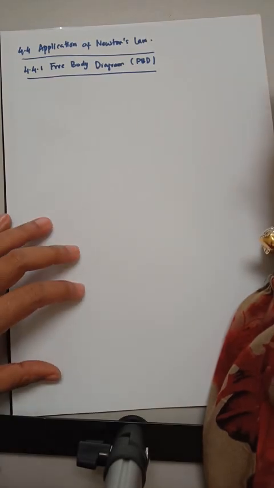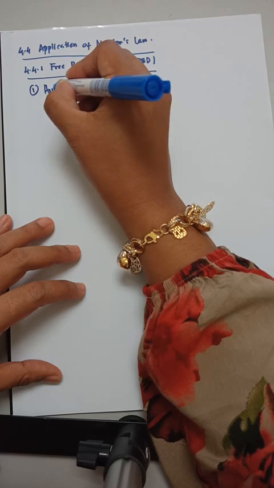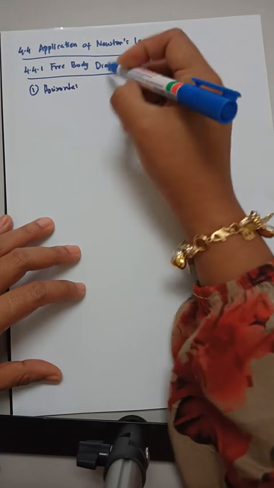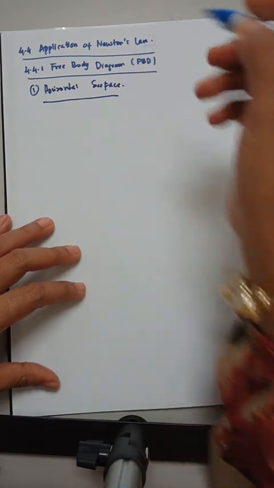So for the first one, we look at the horizontal surface. This is the horizontal surface.